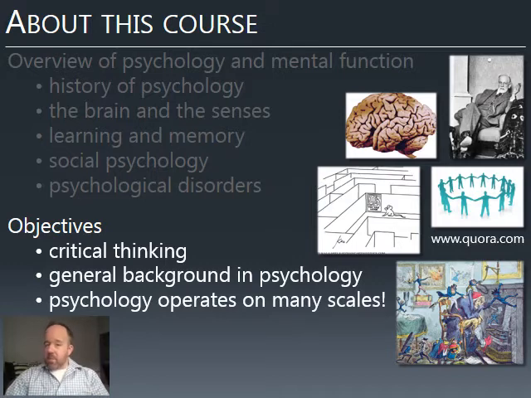Social function, again, a very important part of psychology. But it operates on scales beyond just the individual. It operates on a very small scale. So when we're talking about the brain, we can go down to individual cells and even individual parts of cells. We can go up to entire societies or the world at large.